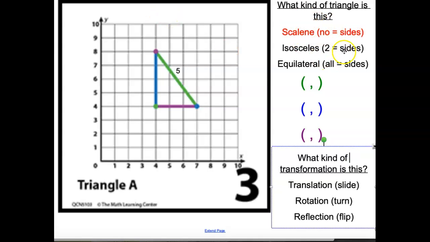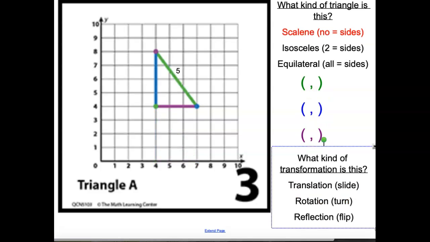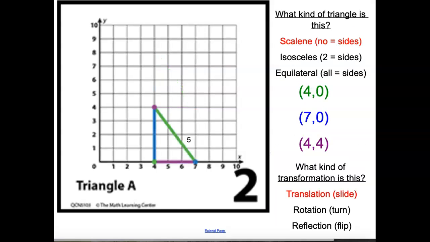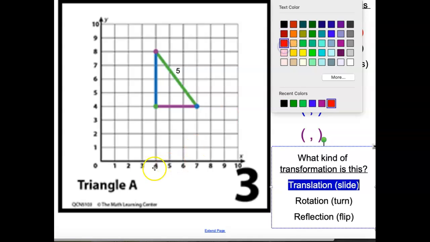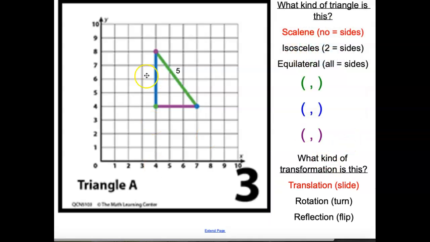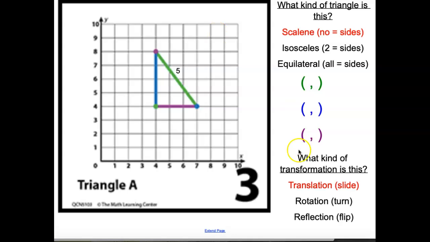We know it's still a scalene triangle, but did it slide, turn, or flip when it moved from here to here? It's a translation. It slid from the bottom line up 4. So we call that a translation. This triangle is just doing the cha-cha slide.